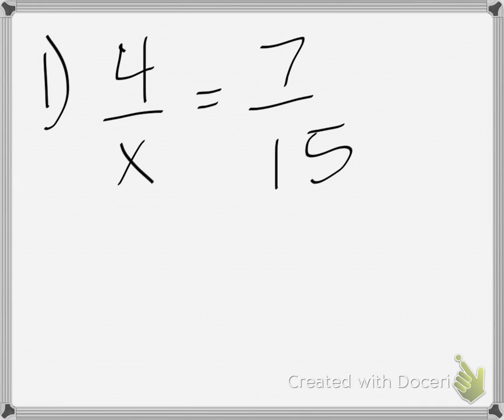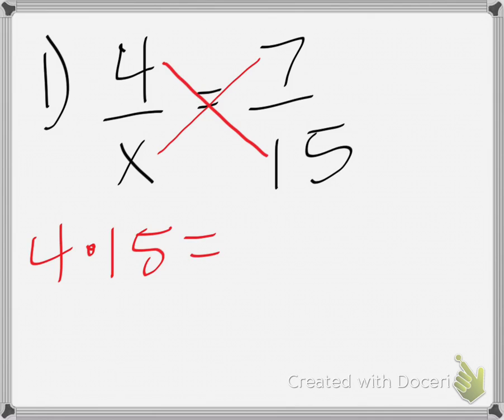Number 1, we've got 4 over x equals 7 over 15, and we are going to cross multiply. So 15 times 4 and x times 7, or you can write 7x. We're cross multiplying there.